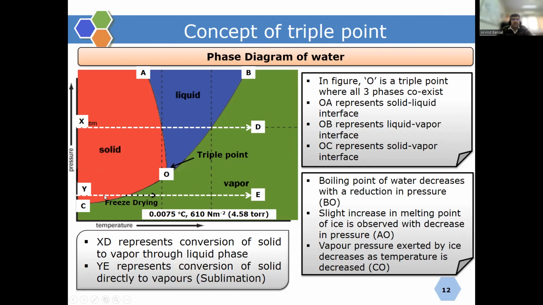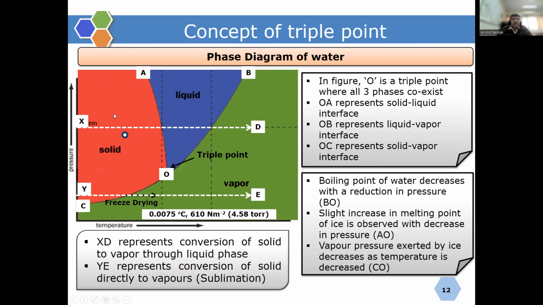So this is the set of conditions that we would like to use in case of lyophilization, so that solid ice can be directly converted to the vapors of water. We will show this with an animation. This is the point which we will note down.